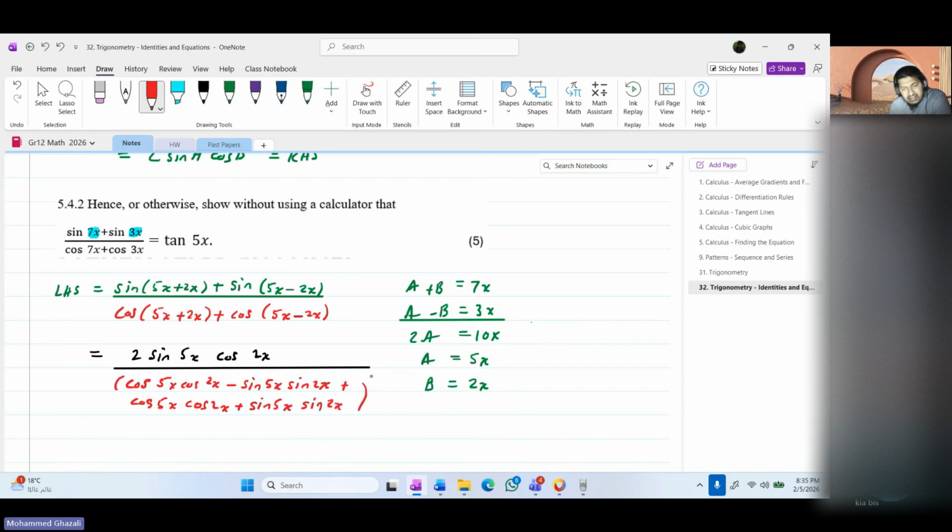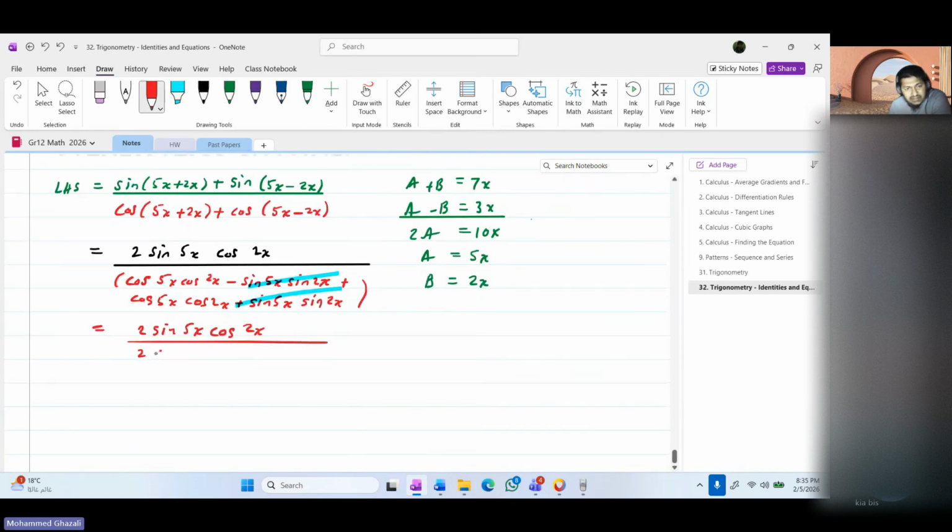So you can clearly see even in this part here, that and that cancels out. So you're just left with 2 sine 5x cos 2x, and in the denominator you're left with 2 cos 5x cos 2x. There's 2 of those, all right? And guess what?